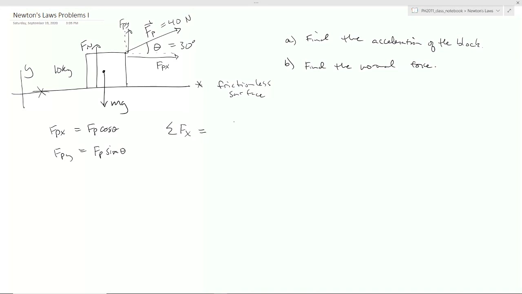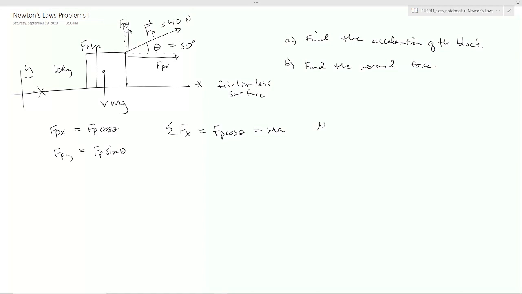We'll have Fp cosine theta, positive, pointing to the right. And notice that is actually the only force component that we have in the x direction. So this would equal the mass times the acceleration.